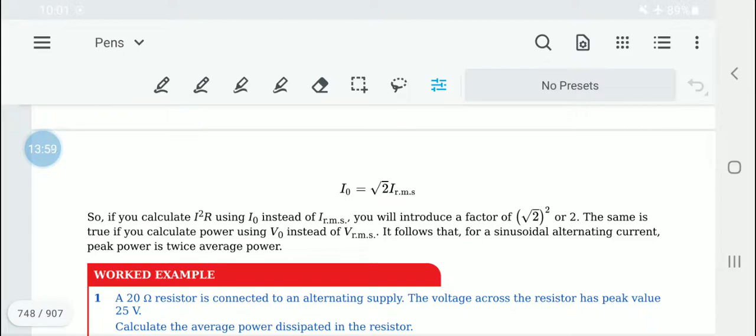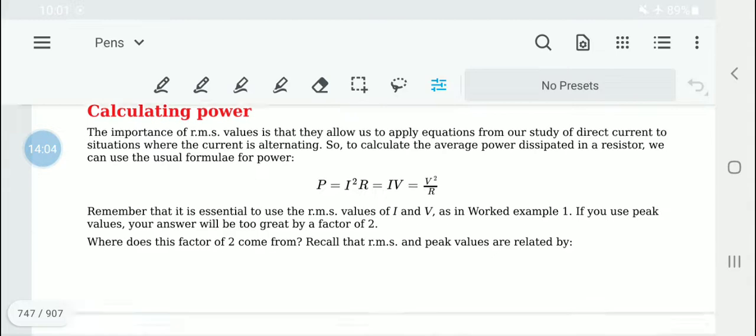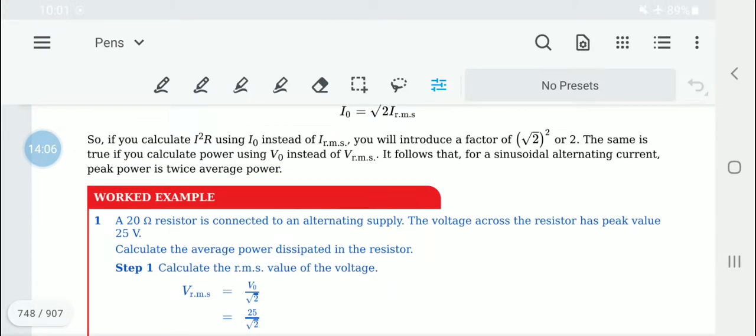For the voltage also it is the same thing, V squared upon R. So that is also going to be an issue for us. We have to make sure that it is not V0, it is V RMS that we need to use.